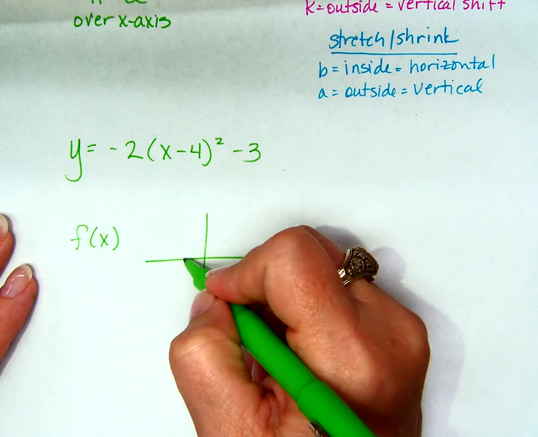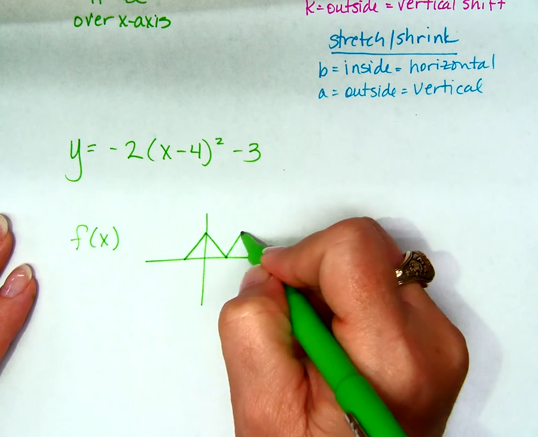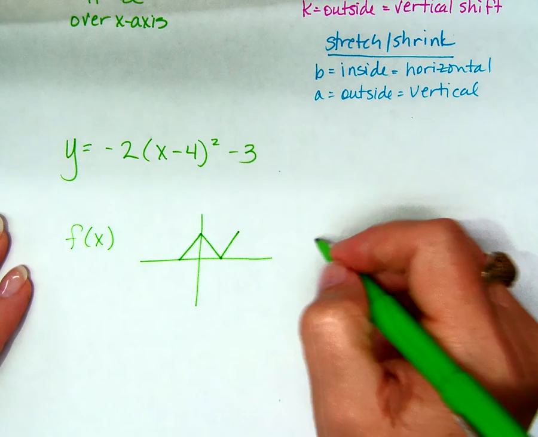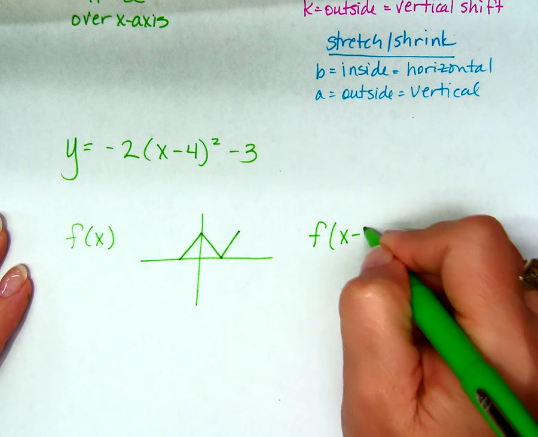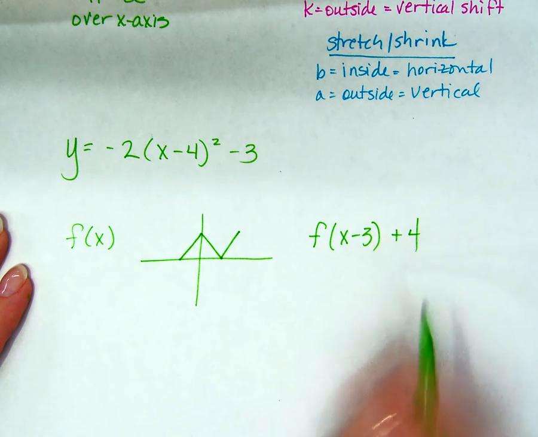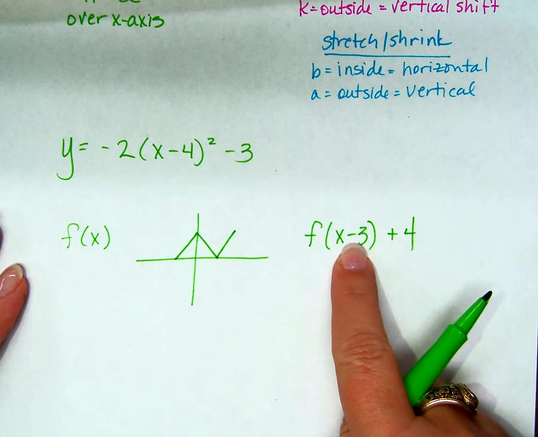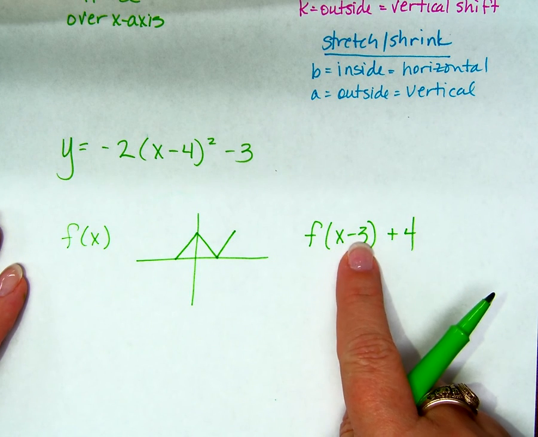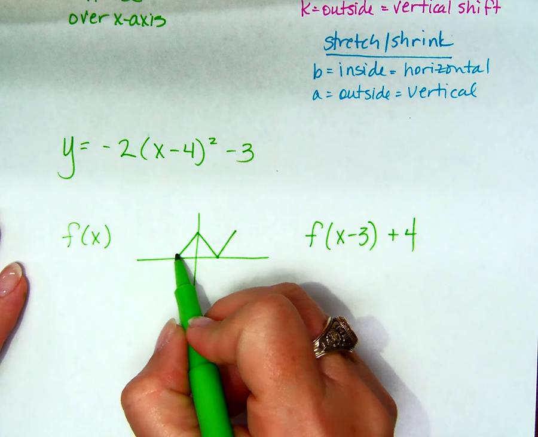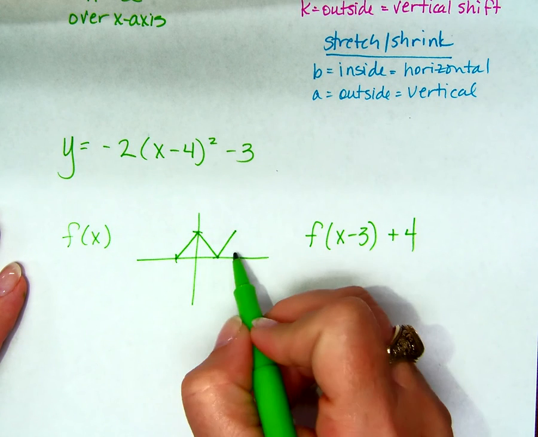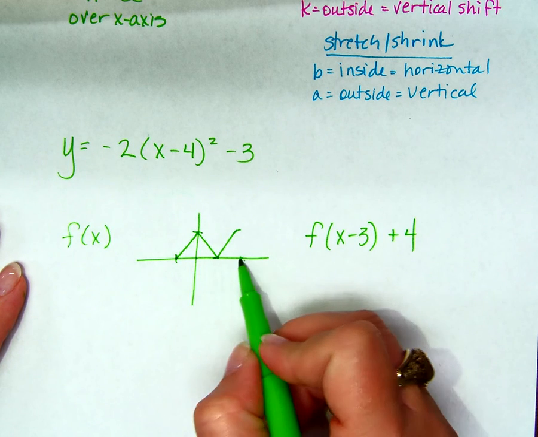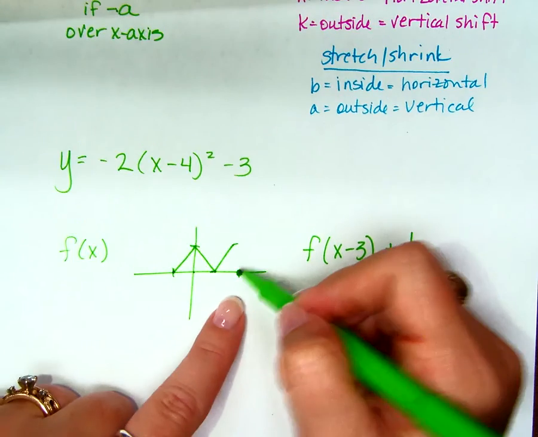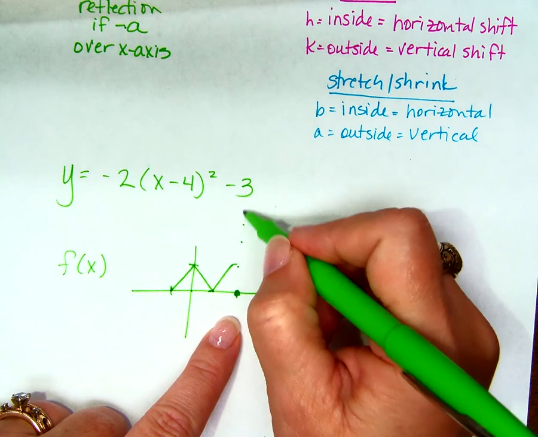And then it says we want to do f of x minus 3 plus 4. Well, it's saying we need to move it to the right 3 and up 4. So I need to go over 1, 2, 3, and then up 1, 2, 3, 4.